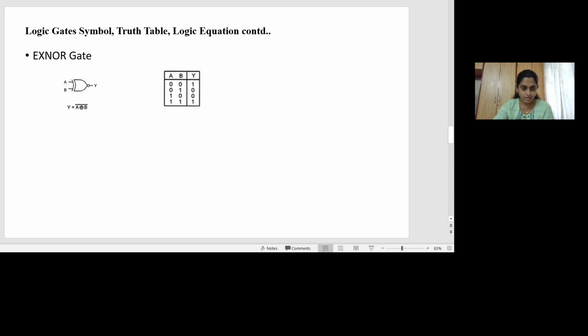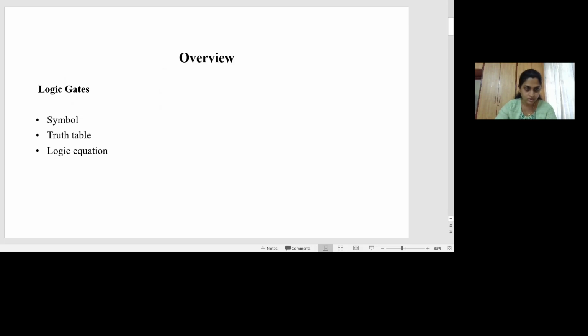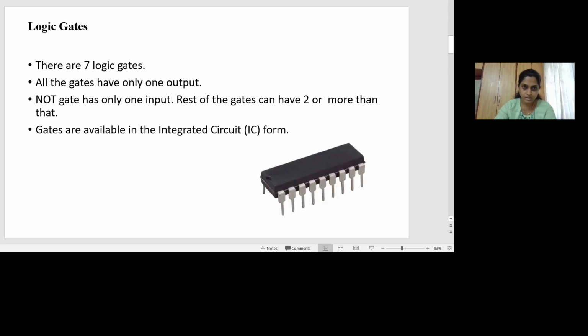So this is about the logic gates we have studied in this present session. Let's recap it. We went through the various logic gates, the symbols, truth tables, and the equations. Then the input and outputs of a logic gate, how they are related, and the working of a logic gate given in terms of the truth table.